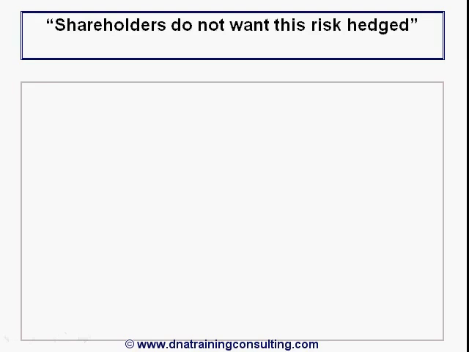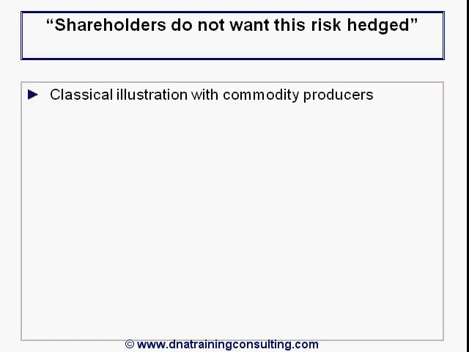We address next the claim that hedging strips out exposures the entity's owners would prefer to keep, since these are often exposures over which management has a competitive advantage, and are often the reason the shareholders have selected this entity for investment in the first place. A classical illustration of this argument arises with commodity producers.